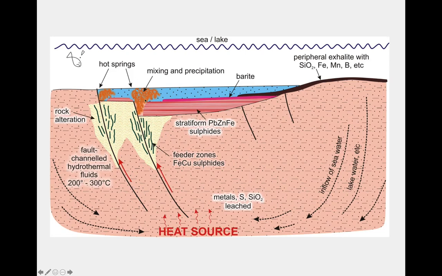The fluid vents, interacts with the water body and then precipitates out stratiform sulfides as lead, zinc, iron. We might also get things like barite and peripheral halides where we get iron, magnesium and things like that, which are more soluble at lower temperatures and precipitate further from the source. And the alteration is very narrow and related to these conduit fault zones.